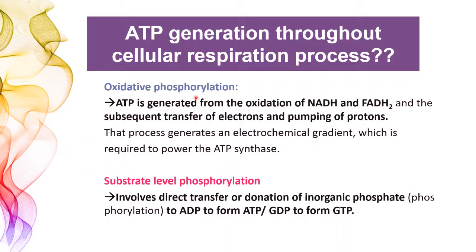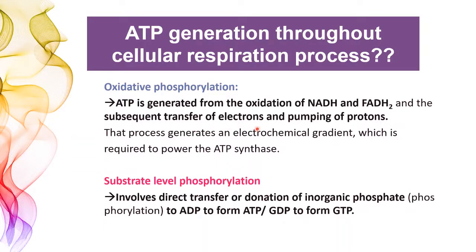Oxidative phosphorylation involves the formation of ATP by adding P to ADP, but this process requires a driving force. This driving force is the result of teamwork between the electron transport chain and chemiosmosis. ATP is produced by oxidation of NADH and FADH2 and subsequent transfer of electrons along the electron transport chain.